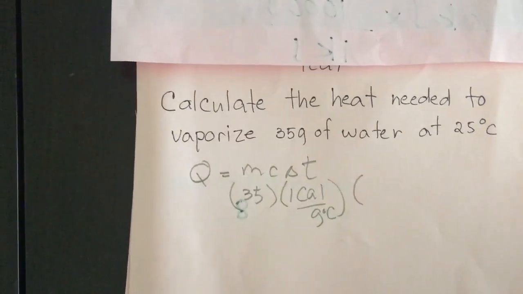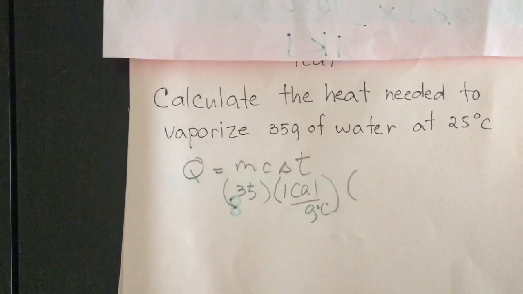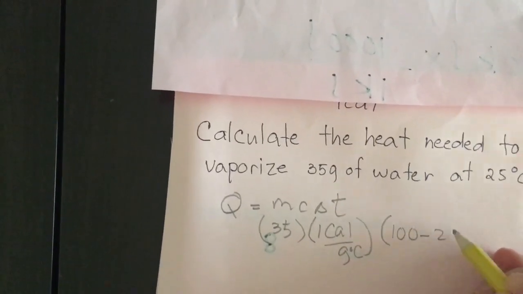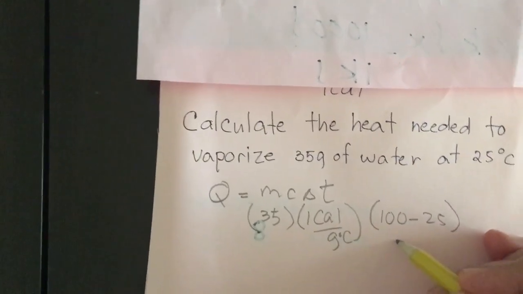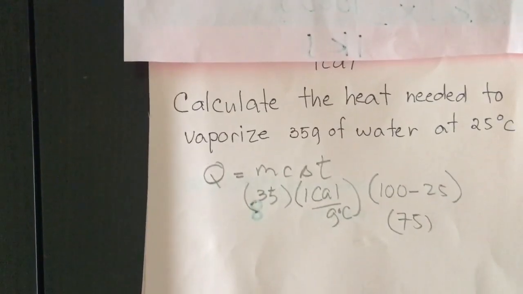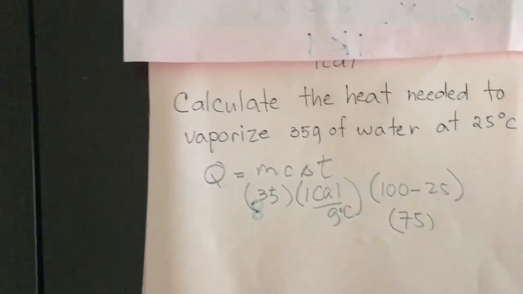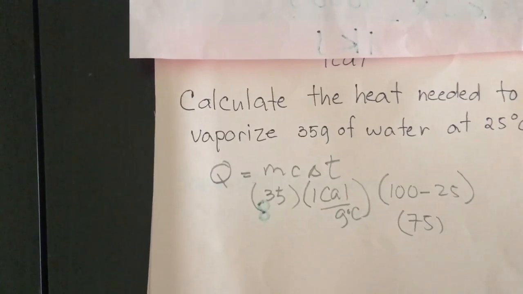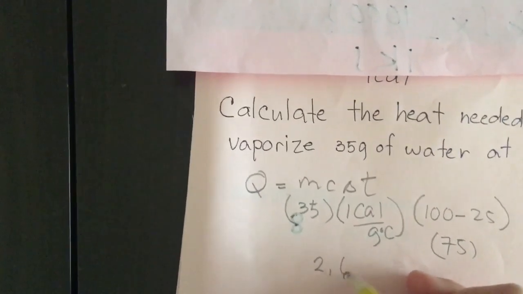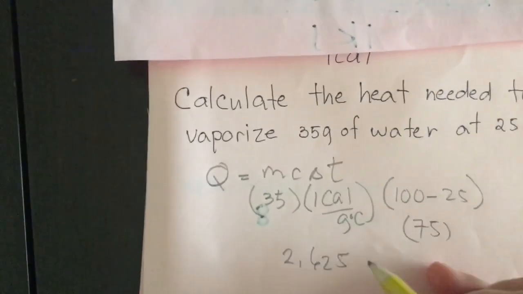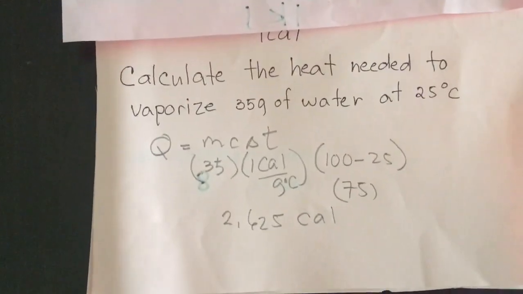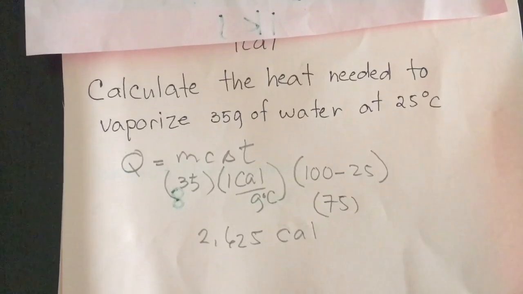So our change in temperature would be 100 as our final minus 25 as our initial. That would give us 75. So you simply multiply 75 times 1 times 35. That would give us 2,625 calories.